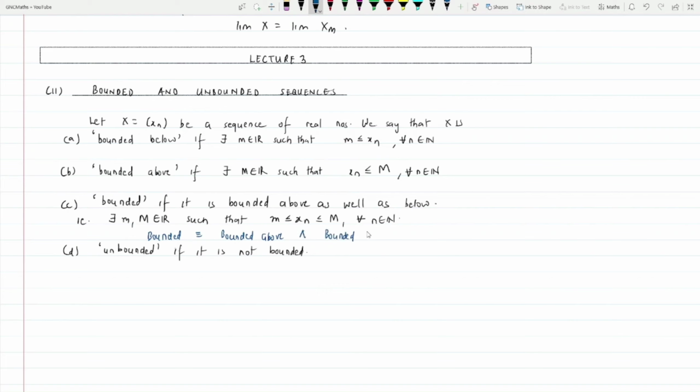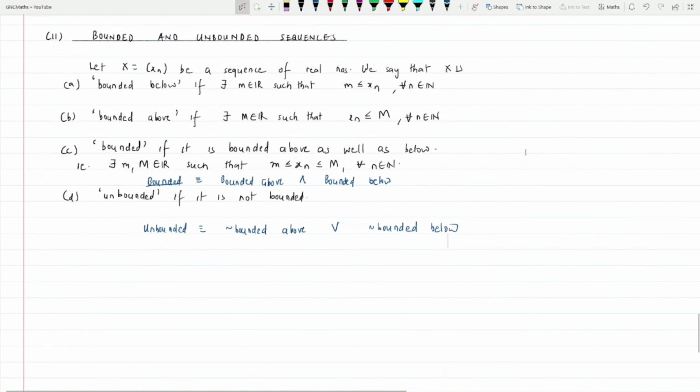The symbol that I have used for AND is the symbol from logic. Now when we talk about unbounded, we need the negation of this. So the sequence will be unbounded, and by De Morgan's law, we can say that if it is not bounded above, and will change to or, not bounded below.